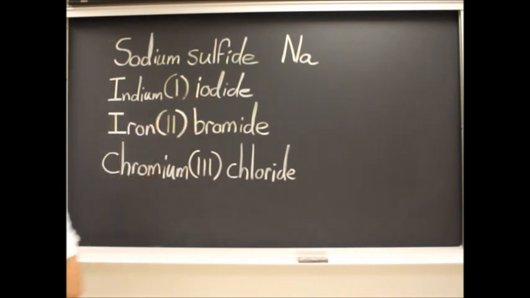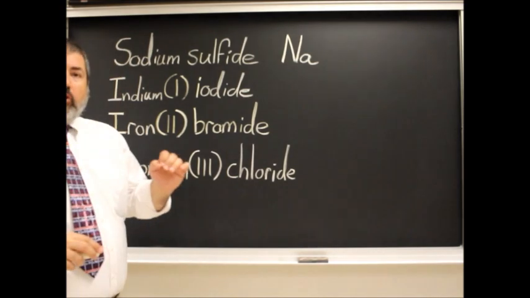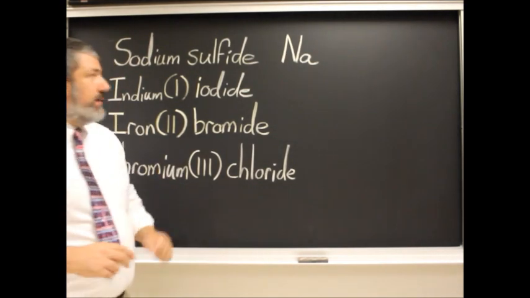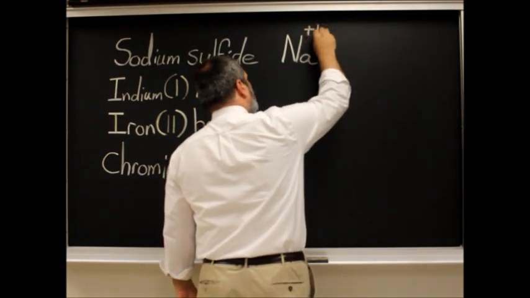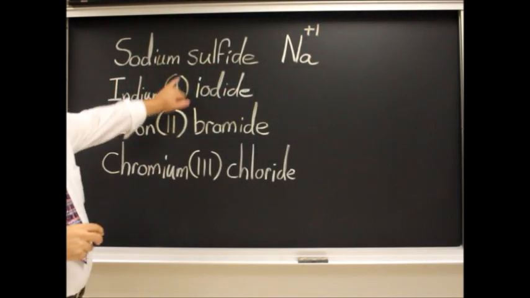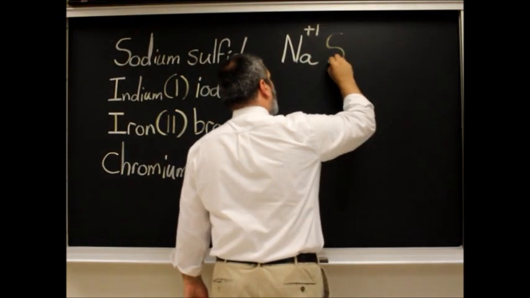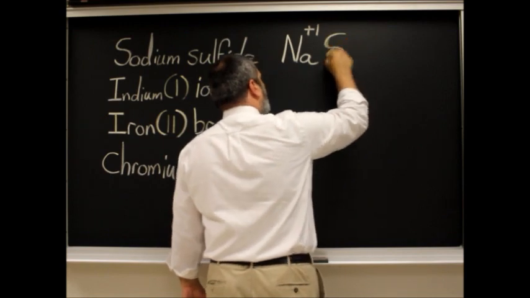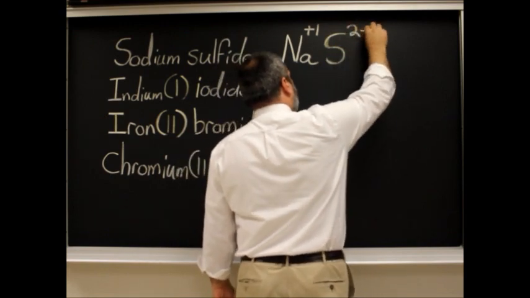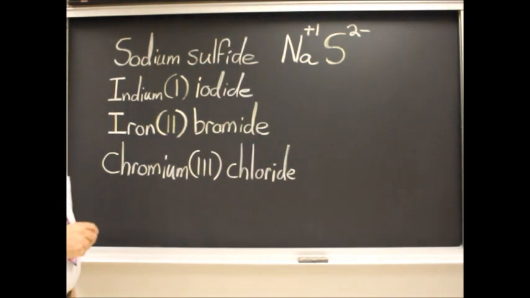Again, the second letter is always lowercase. Sodium is in group 1. That means it forms a positive 1 charge. Sulfur has the chemical symbol of S, and it forms a 2- charge, an anion.